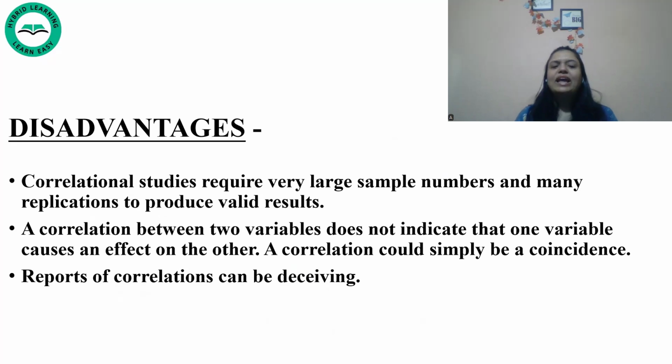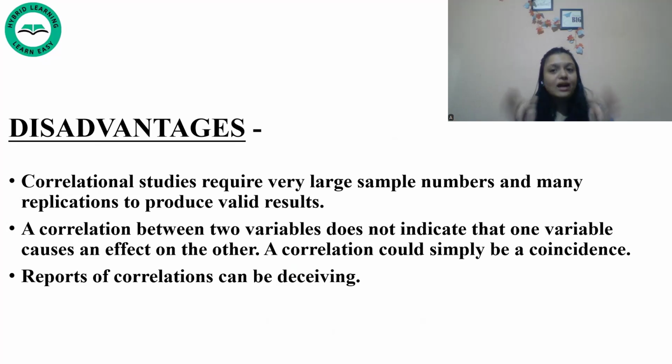Second, a correlation study does not indicate how the variables are affected. Whether one variable is the effect or the cause, we are not sure. Understand, if there is a city and we try to understand the number of earthquakes that have happened and the number of babies born in that year, it is possible that both might be increasing at a constant rate, but that does not imply there is a link between both quantities.